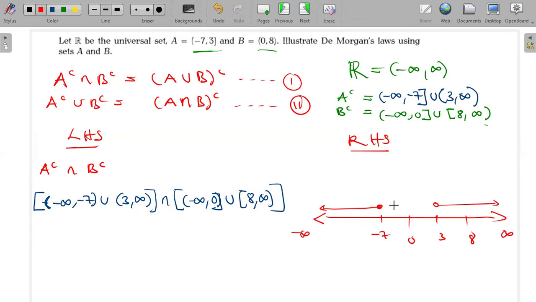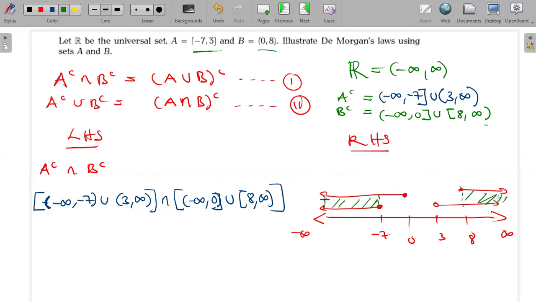The other one is closed at 0 and going that way, and closed at 8 and going that way. So they're telling you what the common parts are. This part here is common, and this part and that there are common.